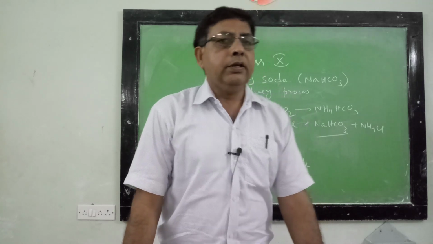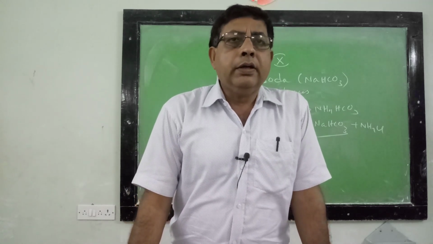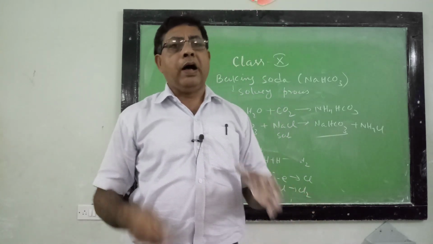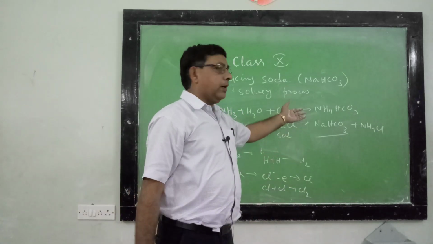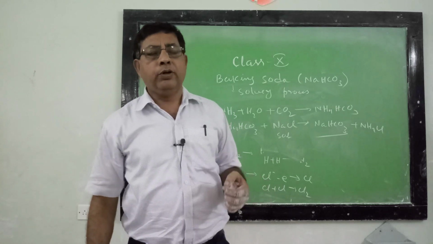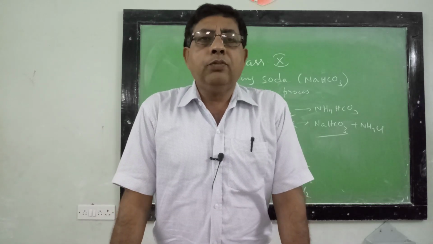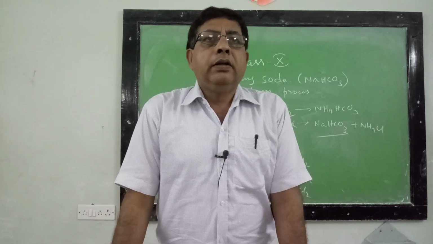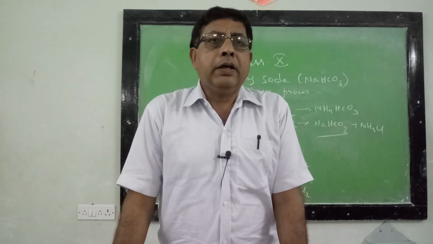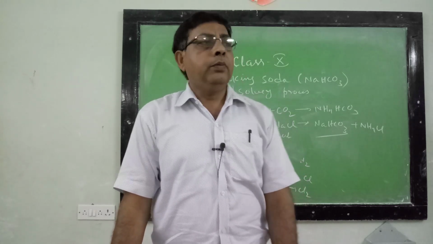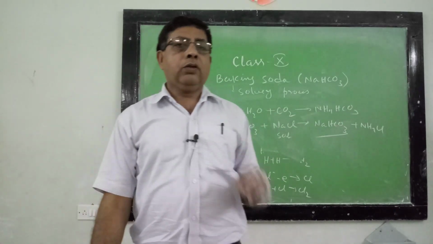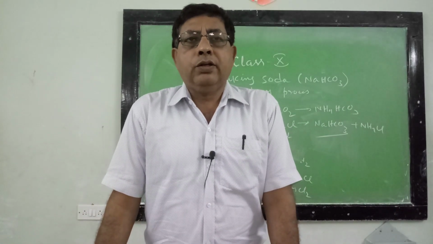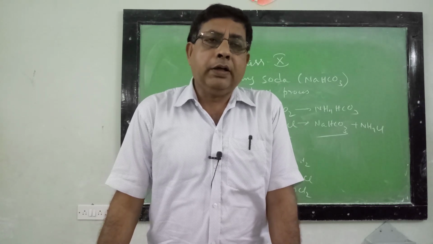So this process is known as the Solvay process. In the Solvay process, we first pass CO2 gas through ammonia solution to form ammonium bicarbonate. When treated with sodium chloride solution, less soluble sodium bicarbonate is formed, which is precipitated out, and ammonium chloride remains in solution. Then the solution is filtered and the residue obtained is sodium bicarbonate.